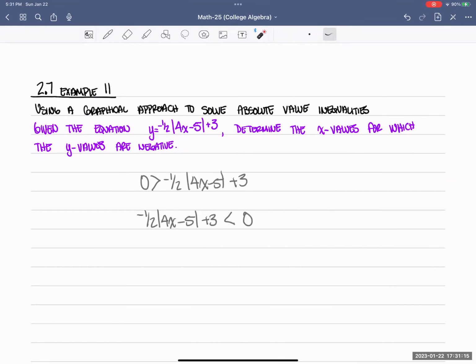Again, all of these numbers have to be negative or they have to be smaller than 0. Perfect. Everything makes sense so far. And let's just solve and see what we end up with. Actually, let's multiply both sides by a negative 2 just to get rid of these fractions. So multiplying both sides by a negative 2.